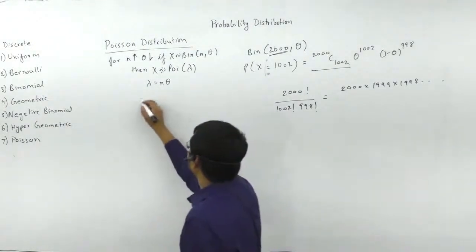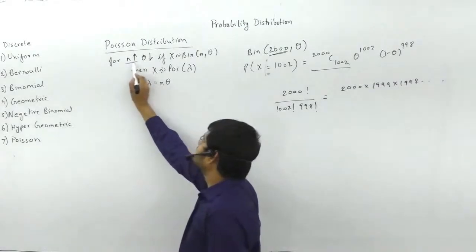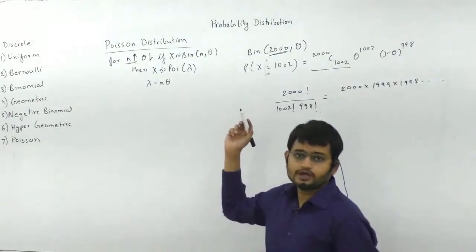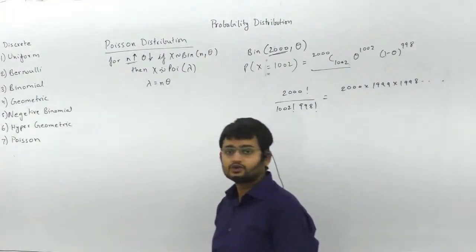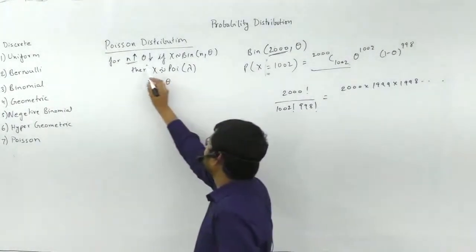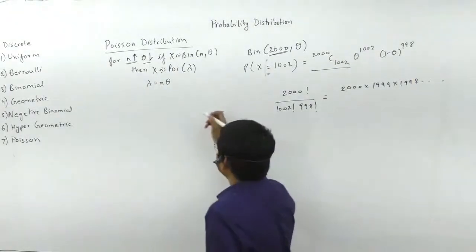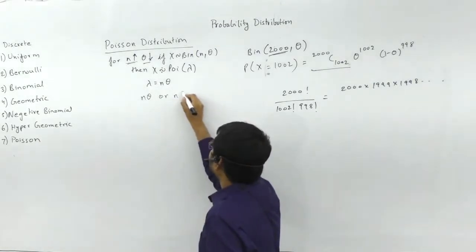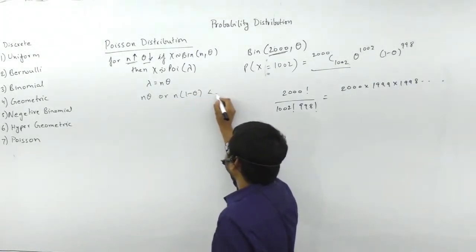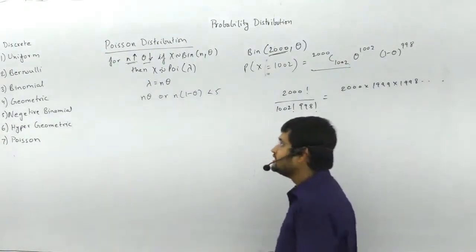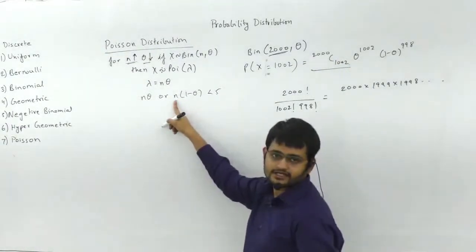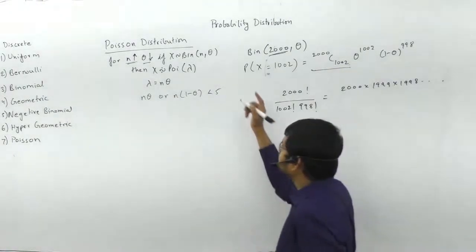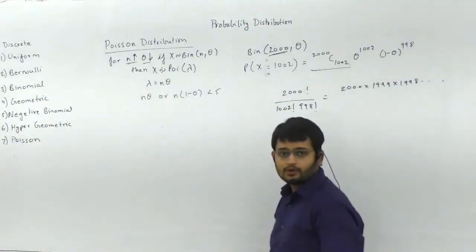Okay. So, now first of all, what is the large value of n that we require? So, n should be 100 or more, then we convert our binomial distribution into a Poisson distribution. And what value of theta? Small. So, we usually say if n theta or n into 1 minus theta is less than 5, and also n is large, that is n is more than 100, then we can convert our binomial distribution into Poisson distribution.